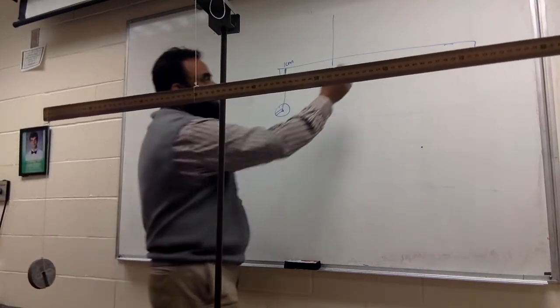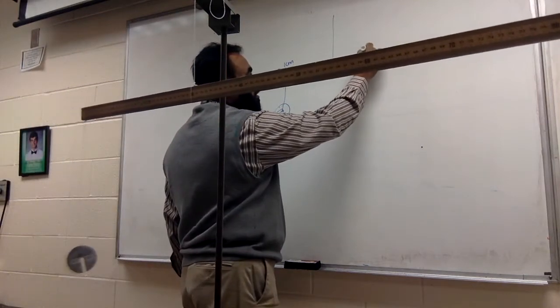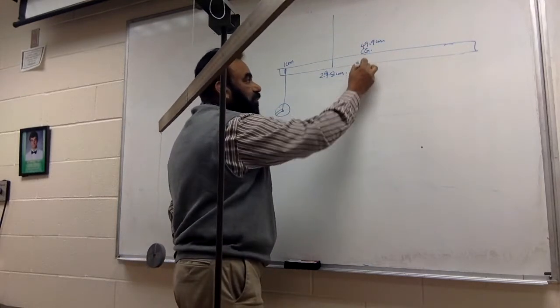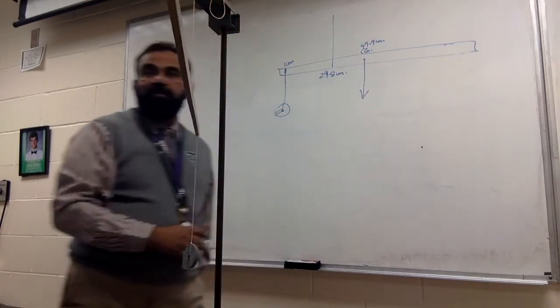Now, the center of gravity is here. The center of gravity is at the 49.9 centimeter mark, and that is the place where the weight of the meter stick is acting.